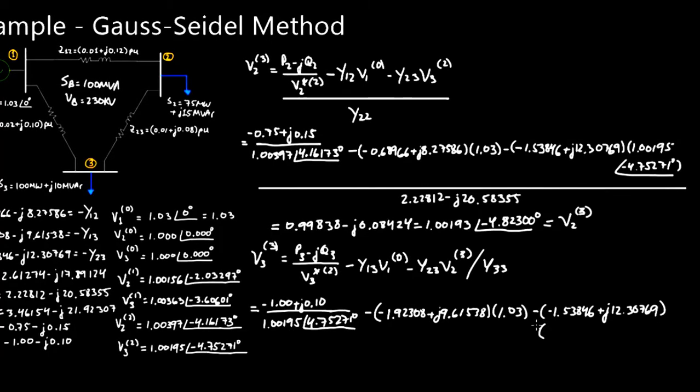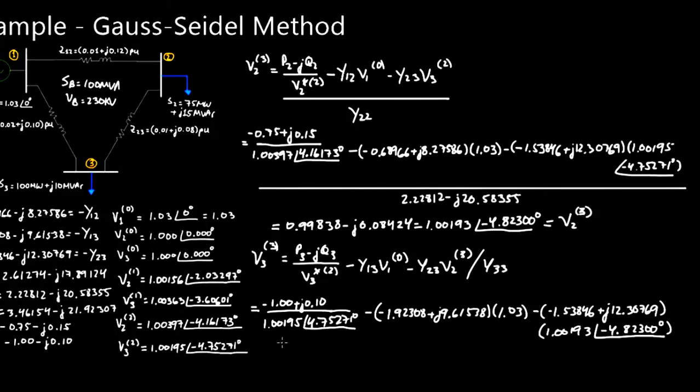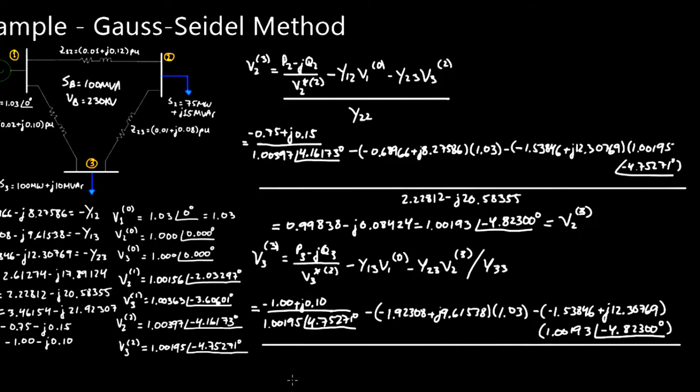All of that times V2 of 3, so this number over here: 1.00193 at an angle of minus 4.82300 degrees. And then of course all of this divided by Y33, so divided by this number over here.